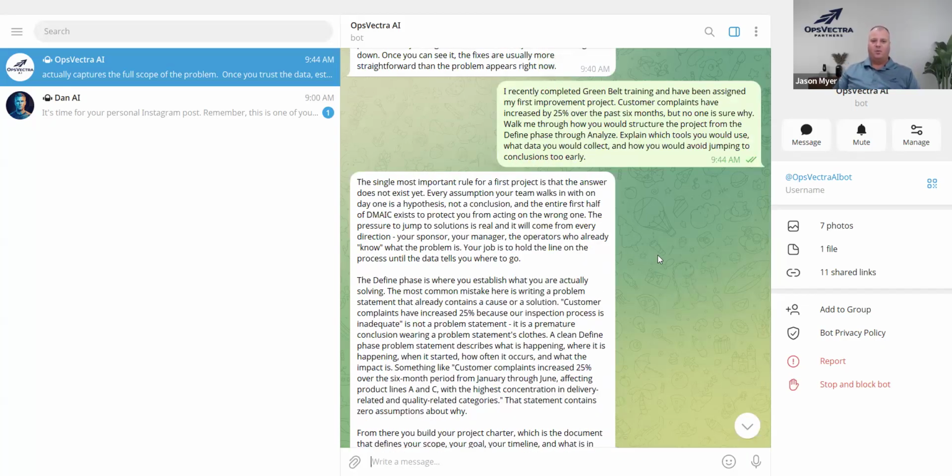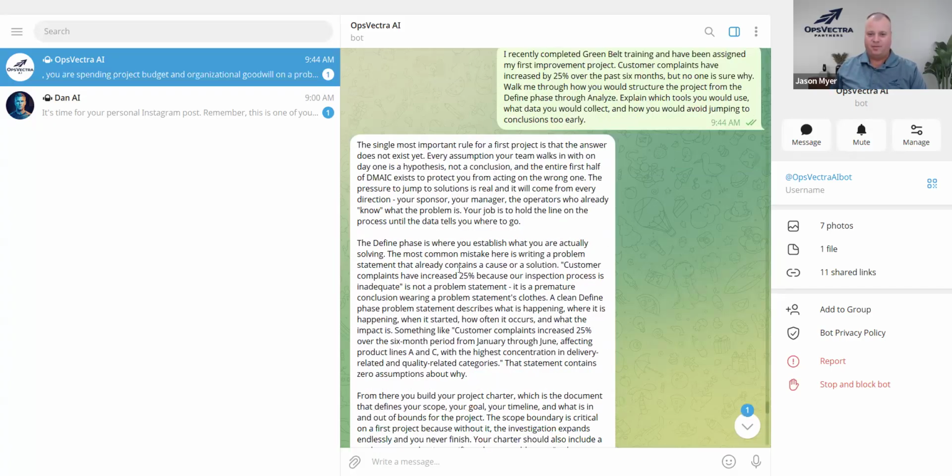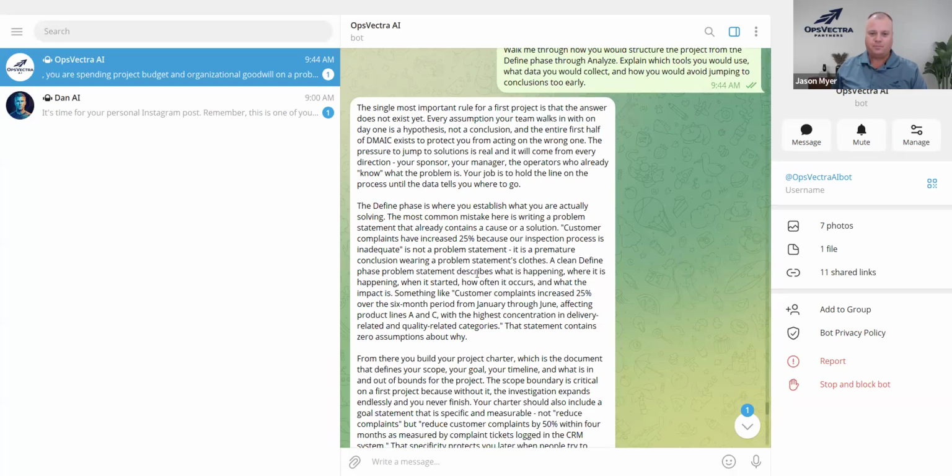The single most important rule for a first project is that the answer does not exist yet. Every assumption your team walks in with on day one is a hypothesis, not a conclusion, and that entire first half of DMAIC exists to protect you from acting on the wrong one. The define phase is where you establish what you're actually solving. The most common mistake here is writing a problem statement that already contains a cause or a solution.